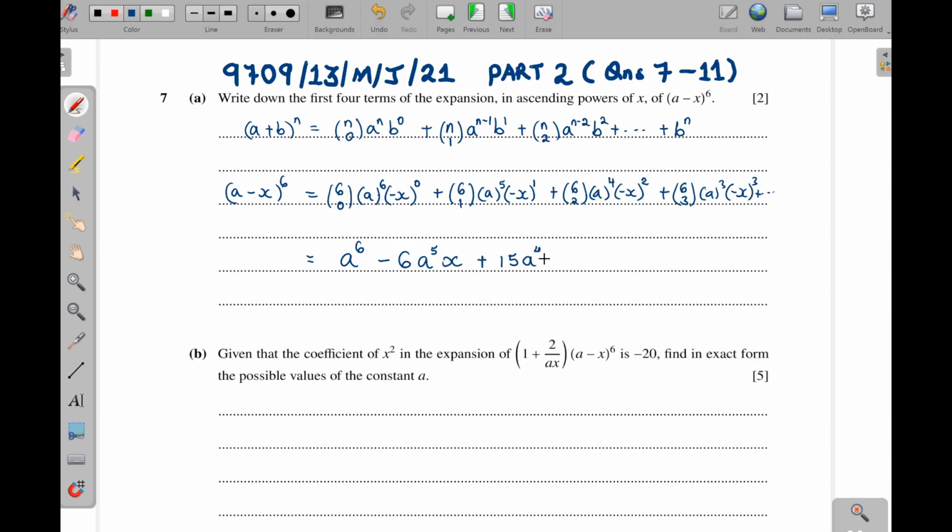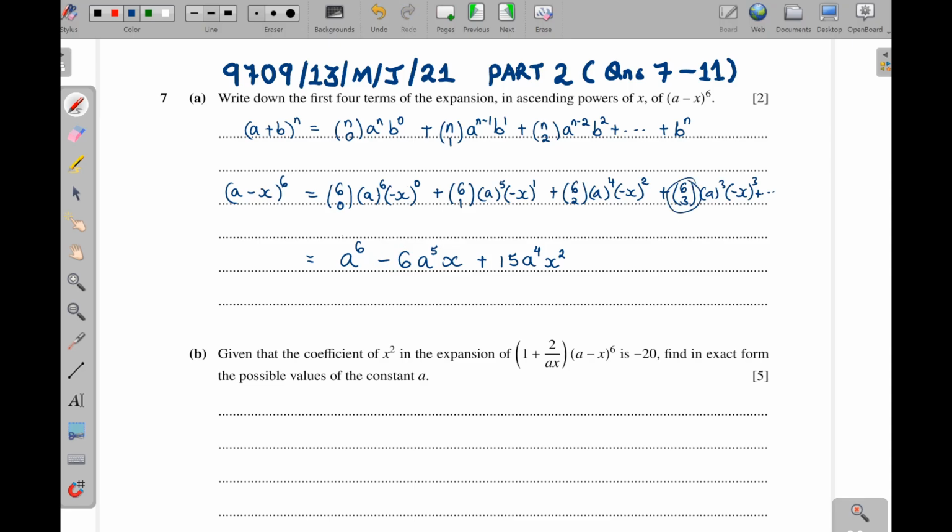Then a power 4, x squared. Even power of a negative is always a positive, and odd power of a negative is always a negative. That is why you are still seeing the minus here.